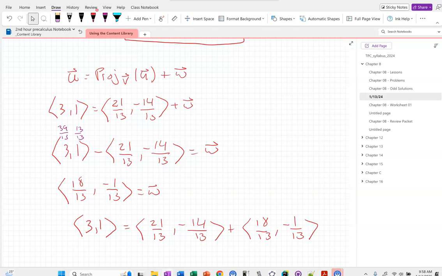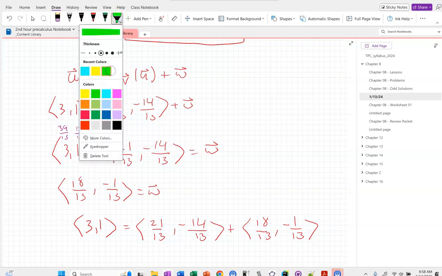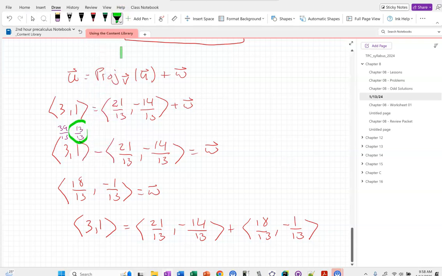Oh my gosh, I made a mistake here. Did you see it, Tommy? No, but that is restroom. Yeah, I did make a mistake though. Who sees it? 13 over 13 minus a negative. Ugh, Mr. Kulik, that should be adding.